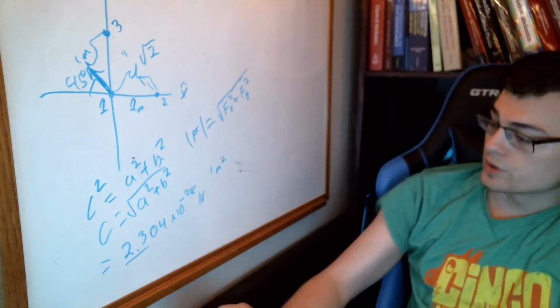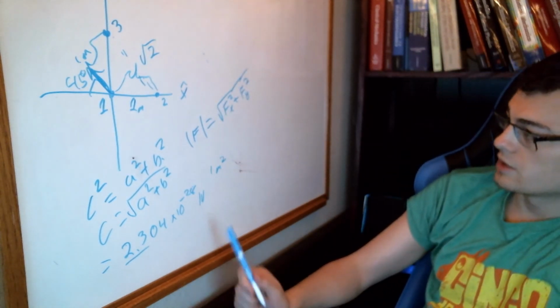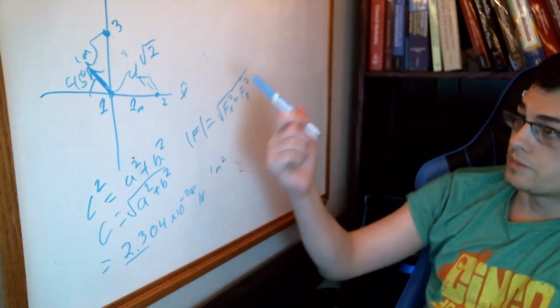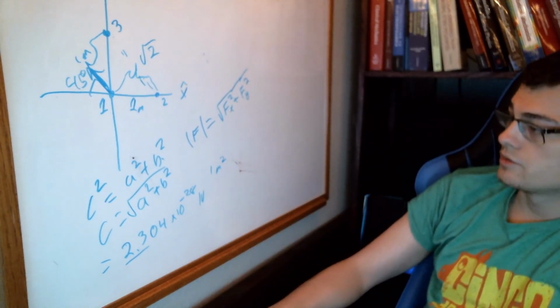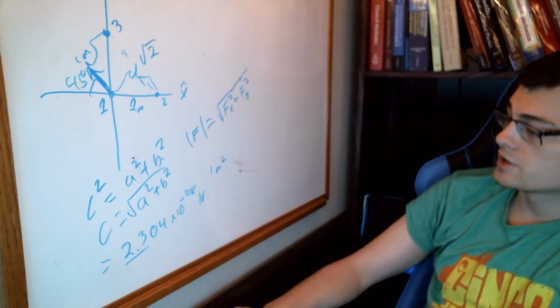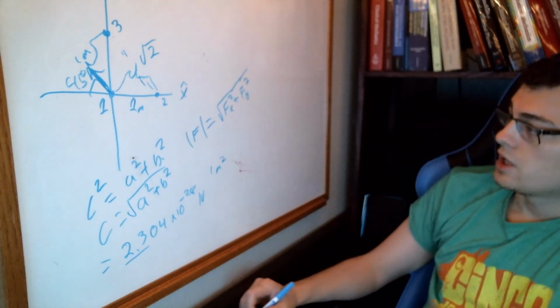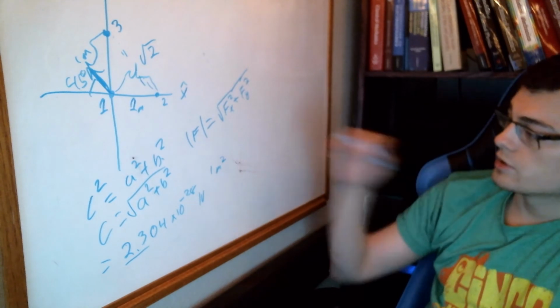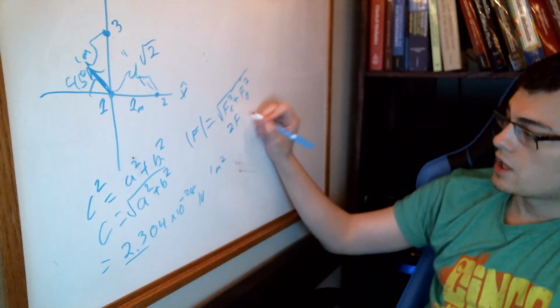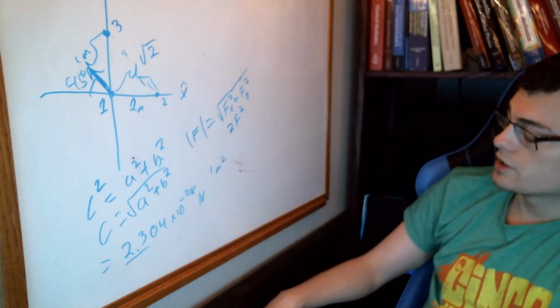Now both of our forces are going to be the same because they have the same magnitude, because we made it easy in this case. So we can just plug those in, and both of those are going to be the same number. So we can just write this as 2f squared.